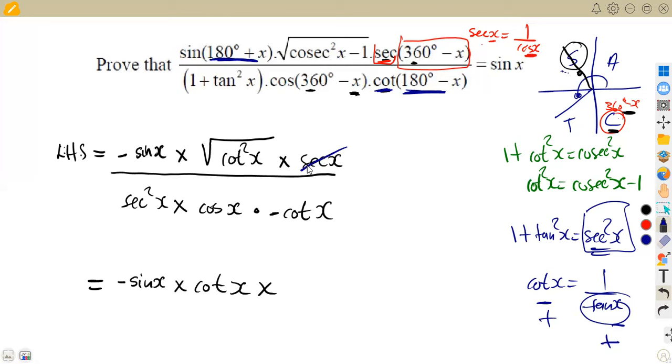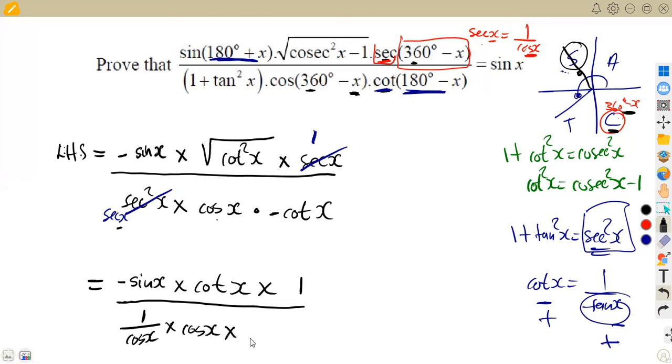The sec of x here and the sec squared x can cancel. We remain with the sec x. All right, so here we're just going to have a 1, over sec x. Remember that sec is 1 over cos. So this is going to be 1 over cos x times the cosine of x times minus cot x. So this is what we are going to have.